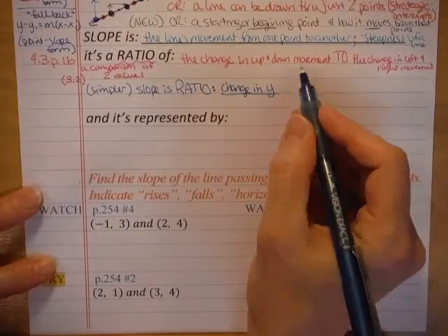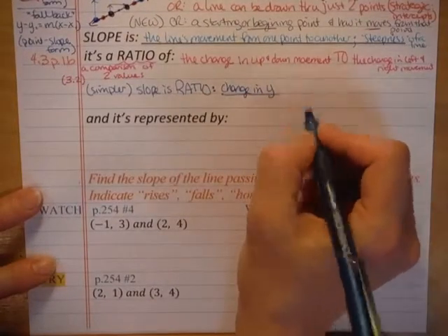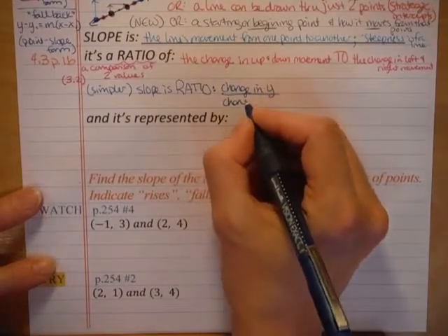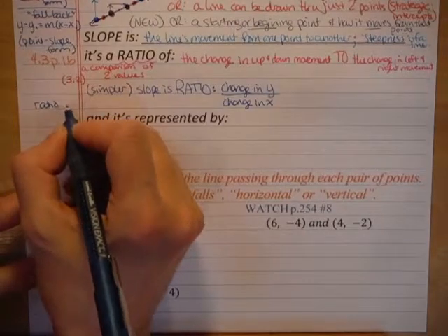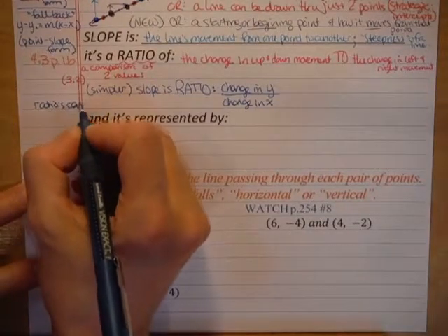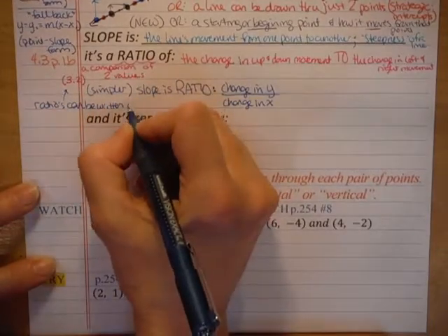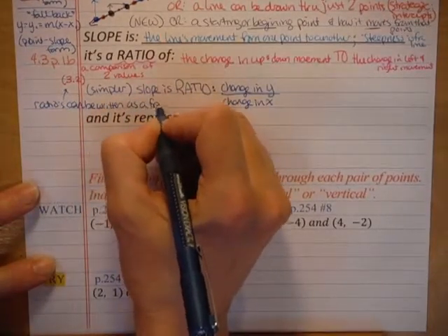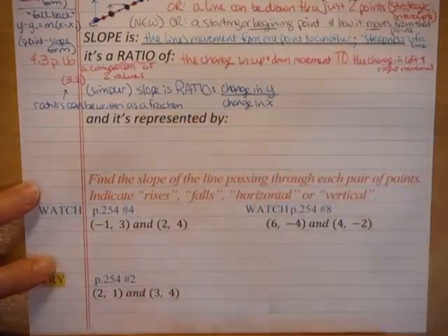That's the straight up and down axis on the grid here. That would be our y values. And it's compared to our change in x. So ratios can be written as a fraction, and that's something we learned in 3.2. So change in y over change in x.